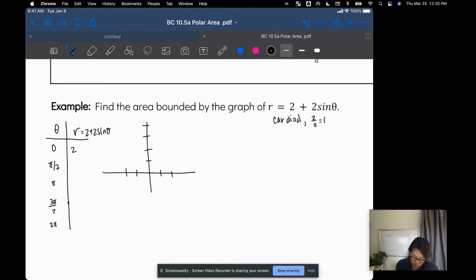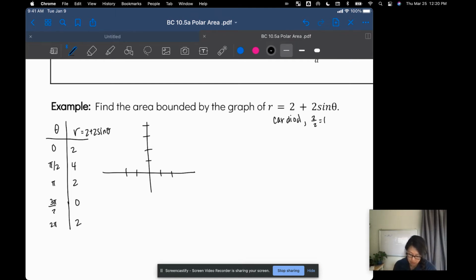And then sine of pi over 2 is +1, so I end up with 2 plus 2, which is 4. Sine pi is 0, so I end up with 2. Sine 3 pi over 2 is -1, so 2 minus 2 is 0. And then back to 2 pi, I end up with 2.